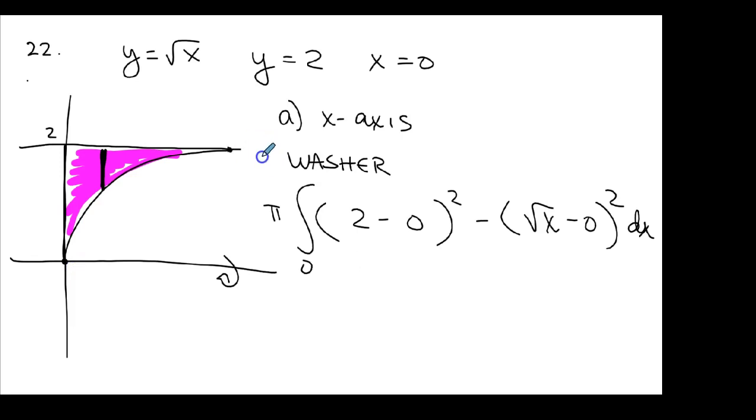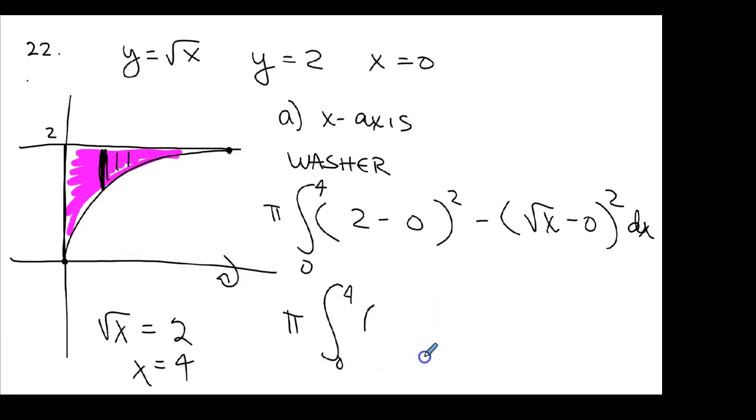What is the x-coordinate where those two meet? Right, we have to set square root of x equal to 2 to find out what x is at that point of intersection, because we're using vertical rectangles, which means we're going across. So when you simplify this, it just becomes the antiderivative of 4 minus square root of x.